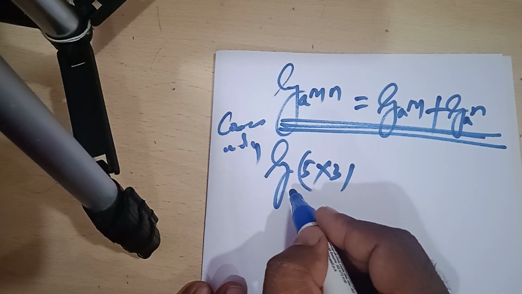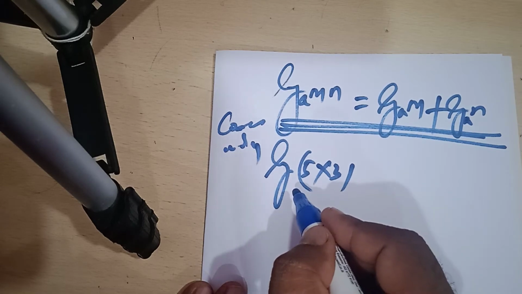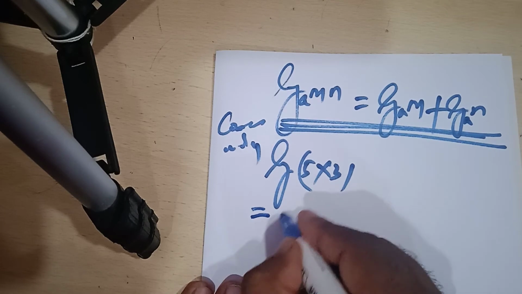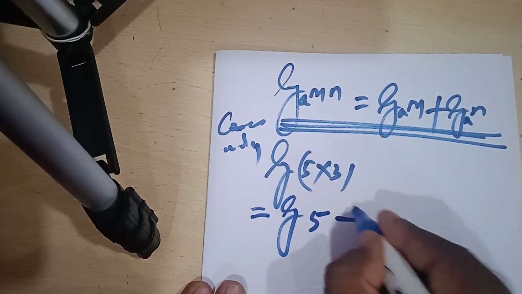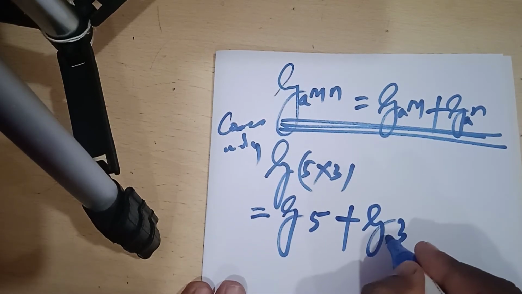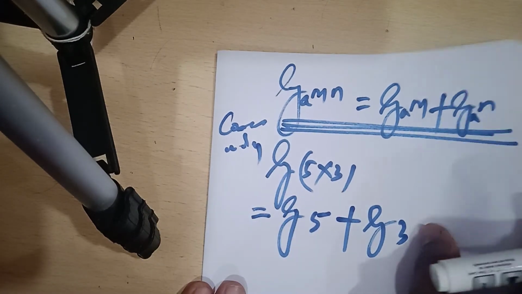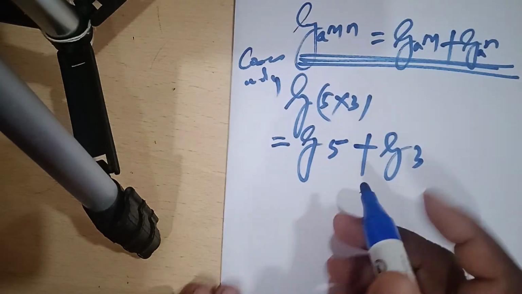So here the base is 10, but it is not necessary to write 10. Here, by the multiplication law, this is log 5 plus log 3. Here the base is 10. I don't like to write base 10 because it is a case of common logarithm.